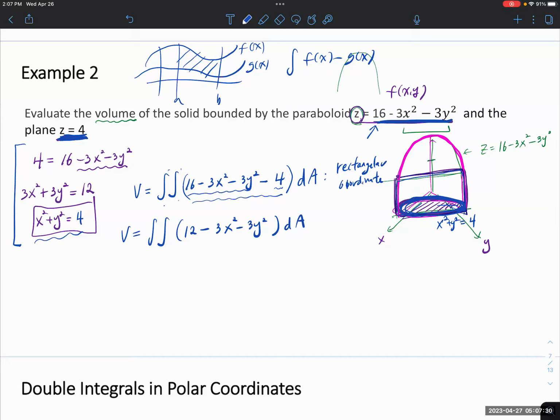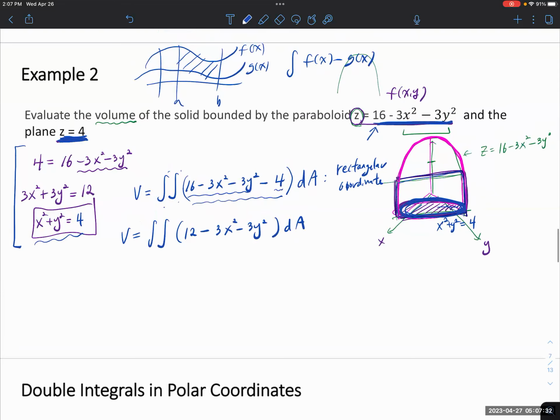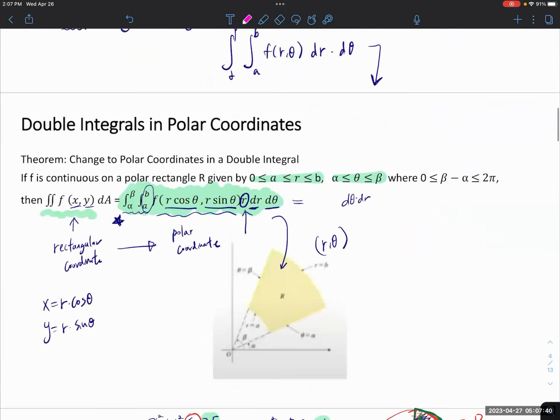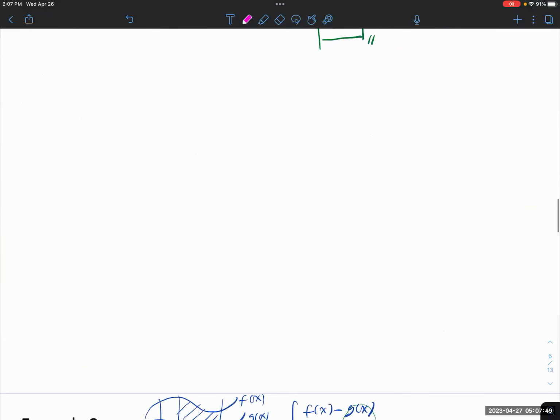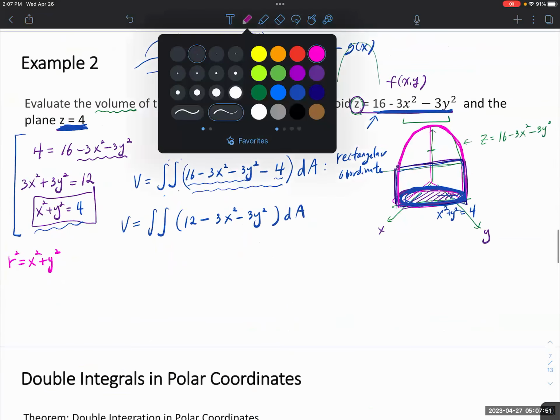I'm going to keep simplifying. Now I can do something. The fact is r squared is x squared plus y squared. Do you remember? If we go up, we're going to utilize this fact. So I need to convert from rectangular to polar. I don't want to see x and y anymore. So watch me.